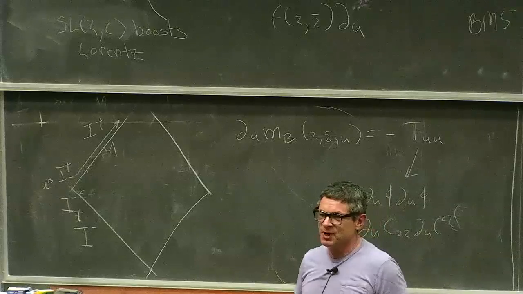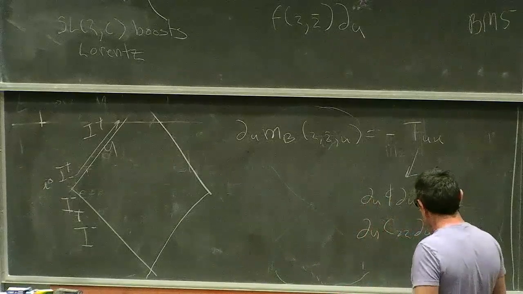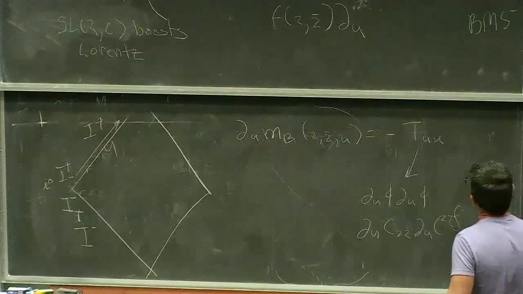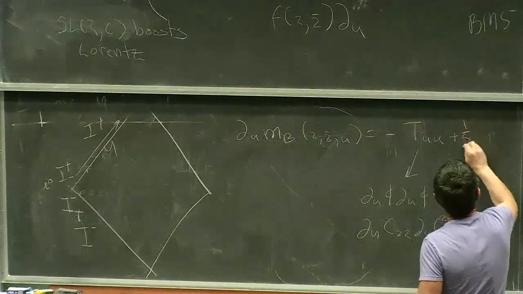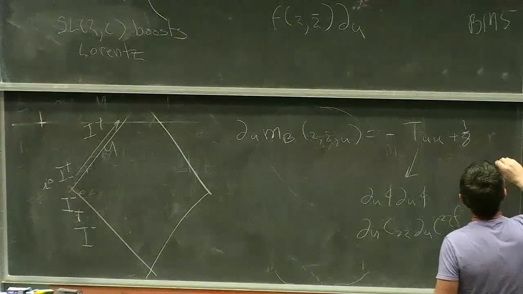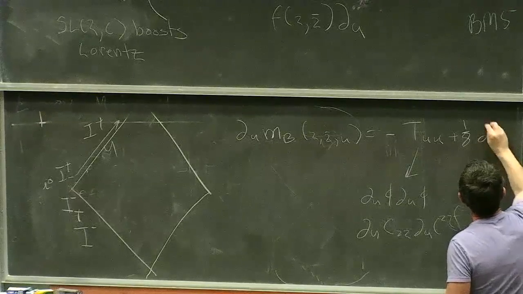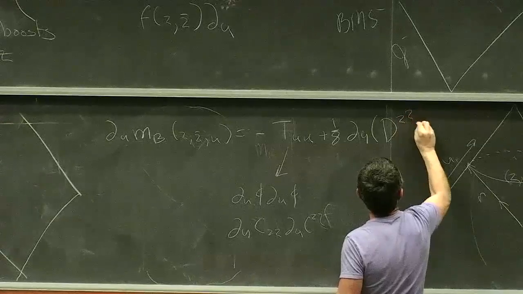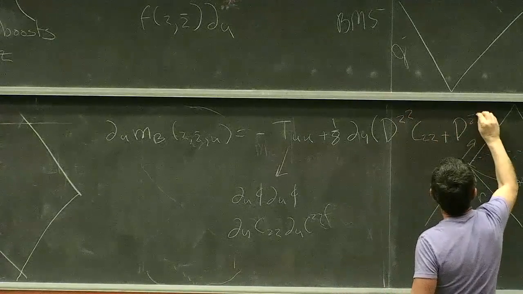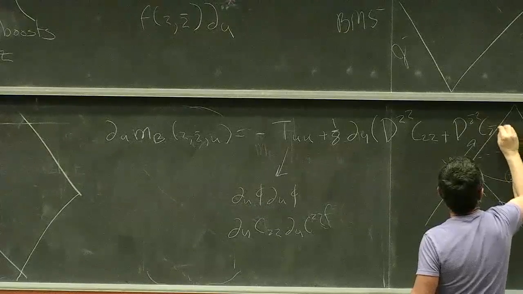But if you look at the constraint equations, there's another very interesting term that doesn't get talked about quite as much. You have a plus 1/8, and then you have d_u, and then D_z squared C_zz plus D_z bar squared C_z bar z bar.